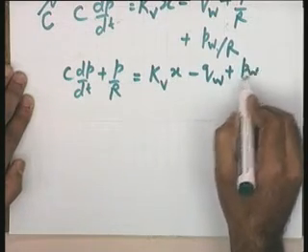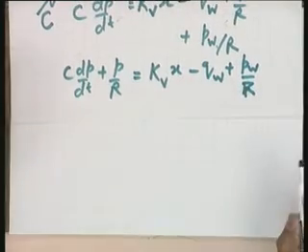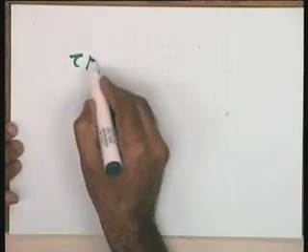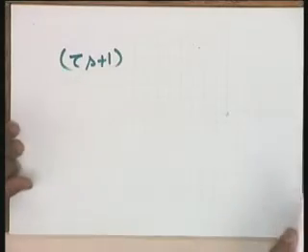plus pw by r. This becomes your equation, and writing in terms of time constant, I can write this as tau s plus 1. You have to help me if I make an error.